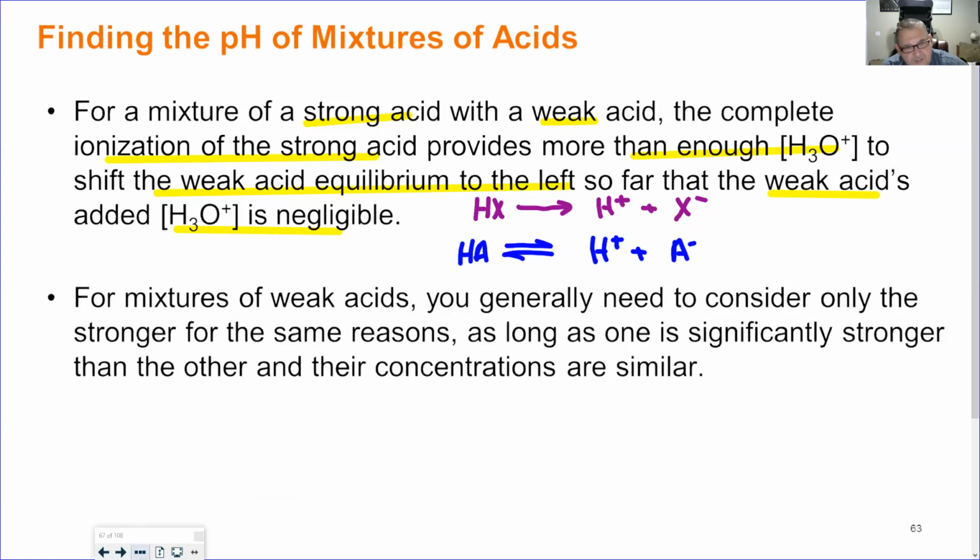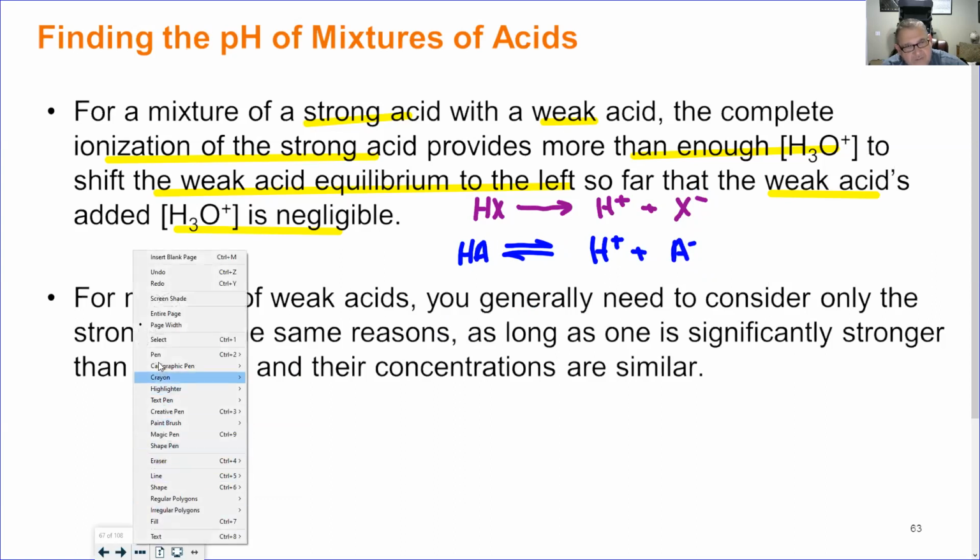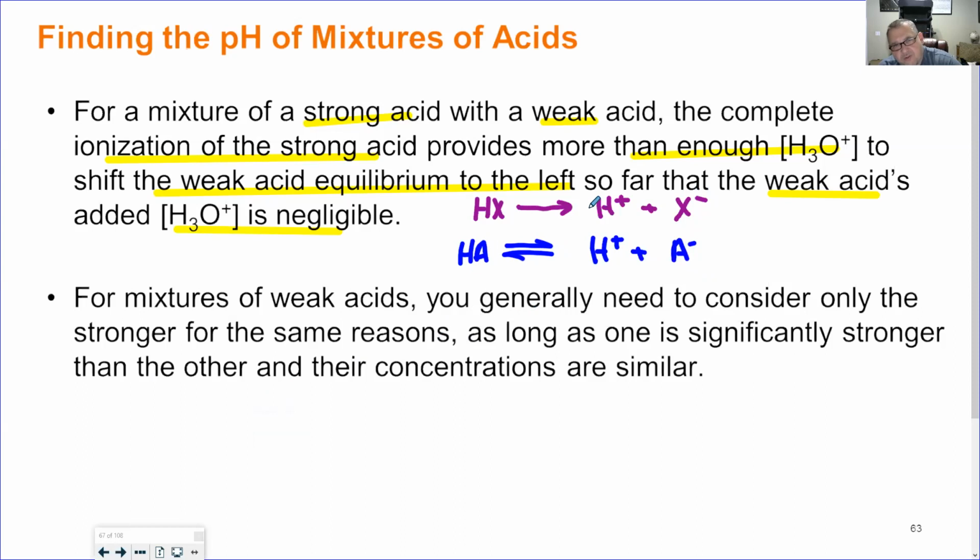But the fact that the equilibrium at the top is a full ionization causes the hydrogen ion concentration to increase both top and bottom. And we know with Le Chatelier's principle, as one of the product concentrations goes up, the system responds to relieve stress by going in the reverse direction. So essentially, the presence of a strong acid suppresses the ionization of a weak acid to the point where we don't even have to consider this equilibrium going in the forward direction at all.